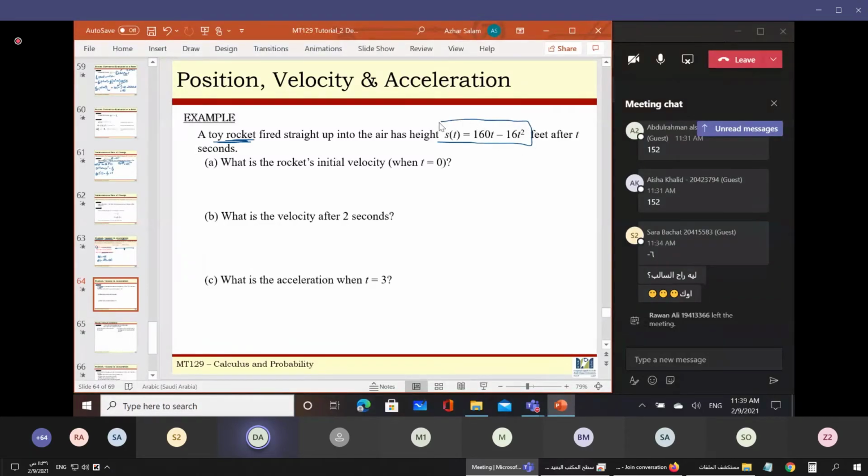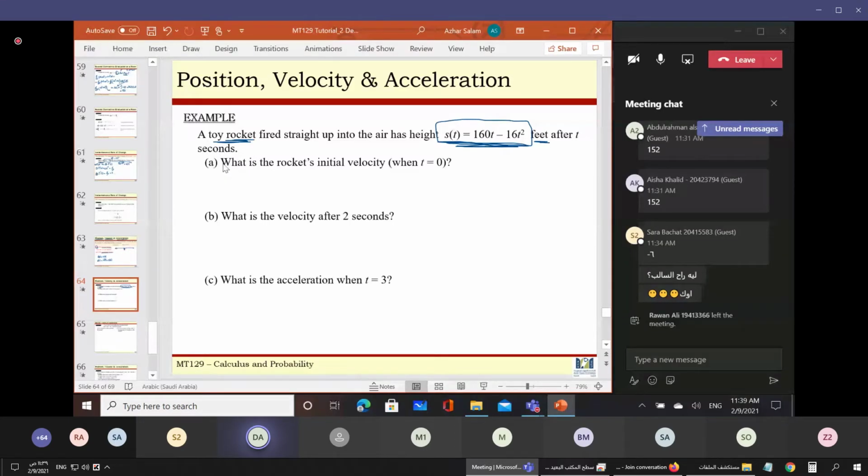This is the position function of the rocket. When I substitute any time t, I will have the position of the rocket at that time. The unit is feet, after t seconds, with time measured in seconds.